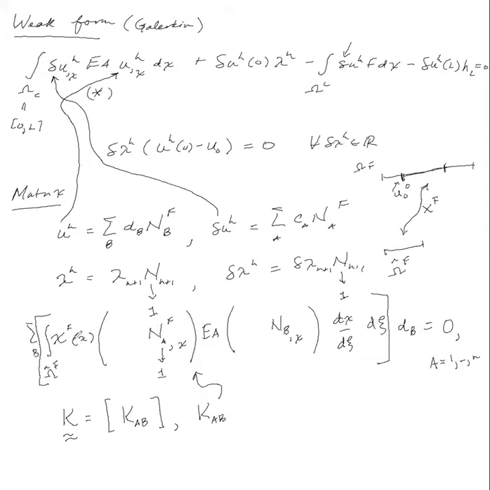You evaluate that integral, it gives you a number, and you stick that number in the matrix in the A-bth location. And then the vector D is just D1 through Dn. Those are the unknowns that we're solving for. Okay, so that's the first term. That's this term up here, gives us a K matrix.